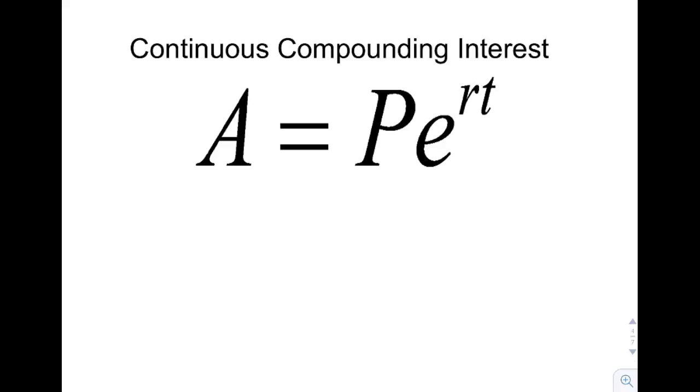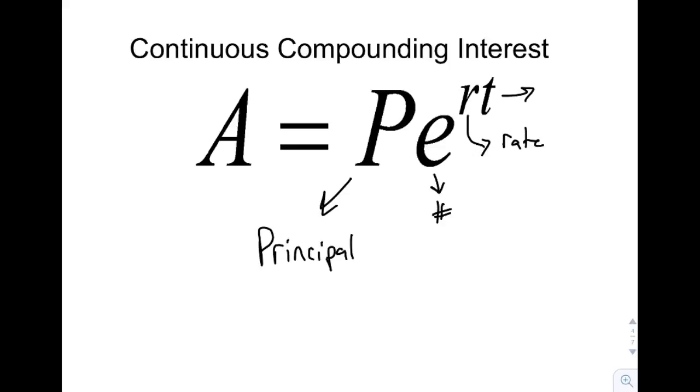P again is principal, how much money you put in. e, of course, is just that number. r is your interest rate. And t is your time, whatever that time cycle might be. And there's not going to be an n here because it's infinite.